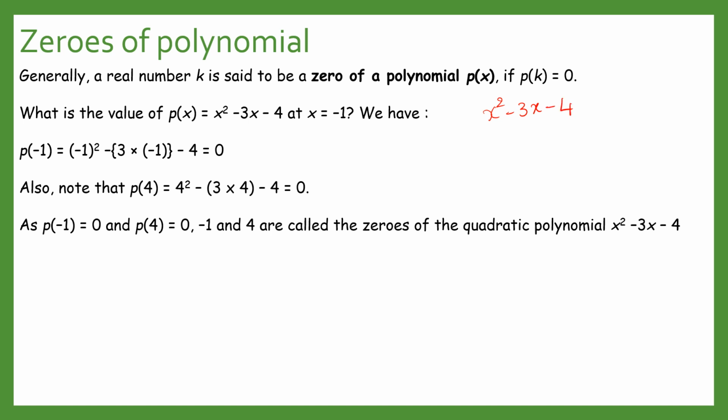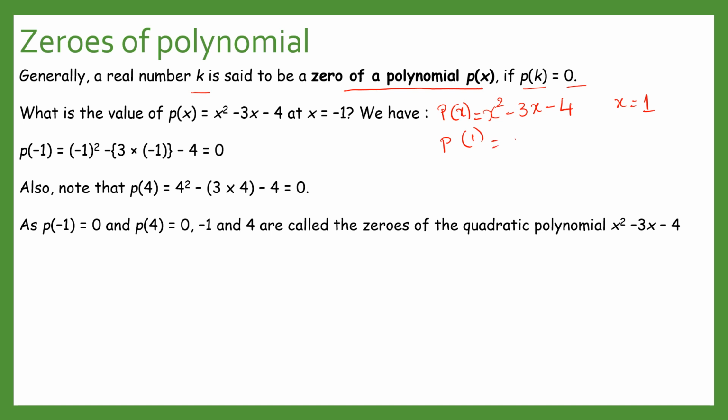They are telling the zero of the polynomial p of x. When k is said to be a zero of the polynomial p of x, if p of k is equal to 0. Let us take x as 1 here. Let us substitute 1. That means we are finding p of 1.